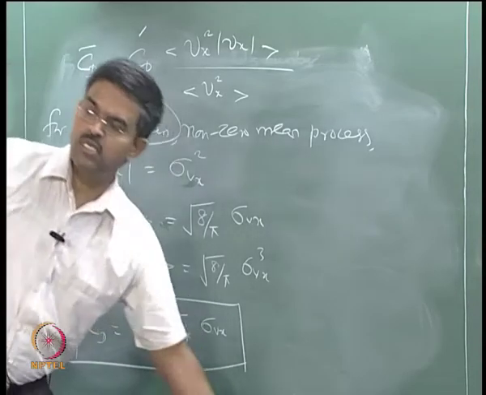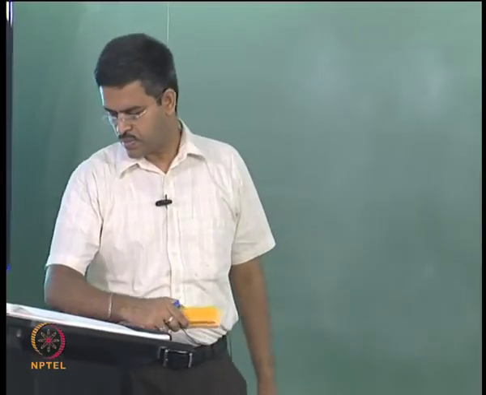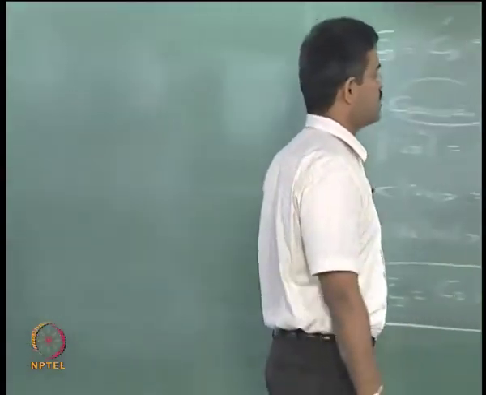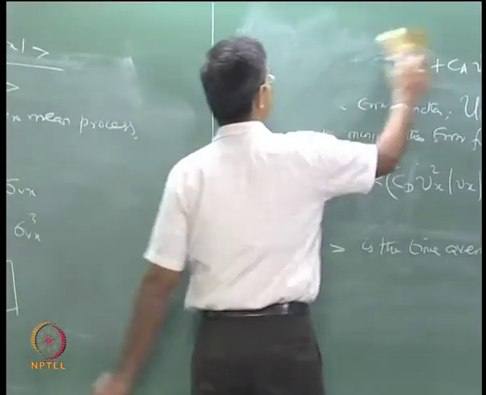So, I can use this instead of having a nonlinear drag term in my f of t. But the only difficulty in this equation is I must know the statistical distribution of the velocity of the water particle.